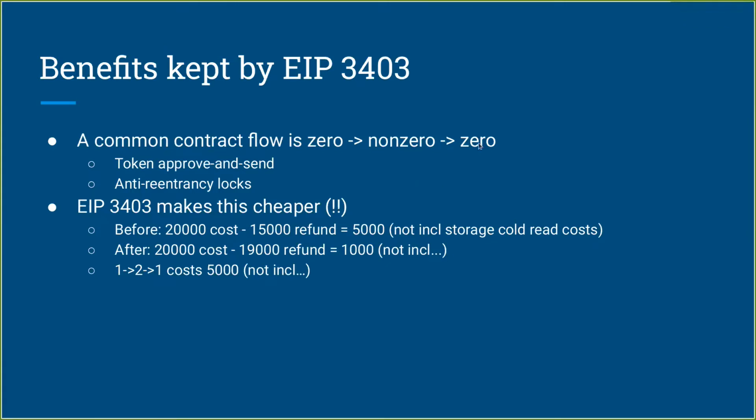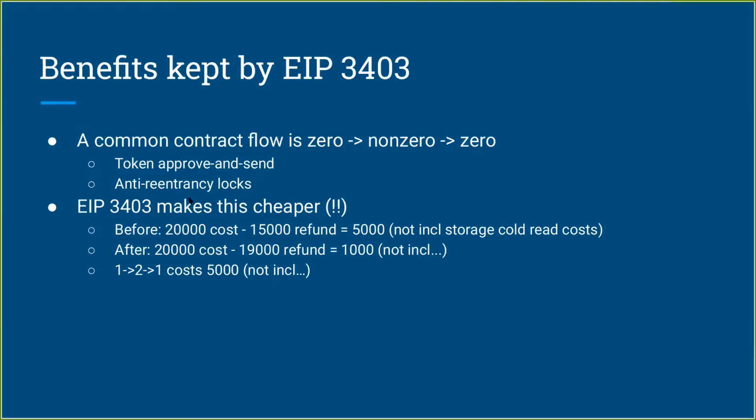With any of those, that would be able to go down to one transaction, which would improve UX and remove unnecessary gas usage. It would have some nice consequences, but it would also create the 0 to non-zero to 0 pattern.